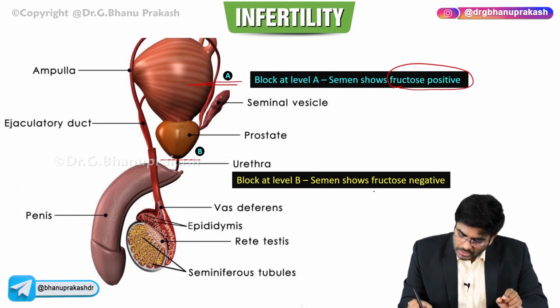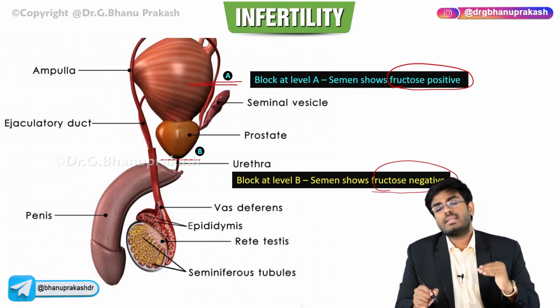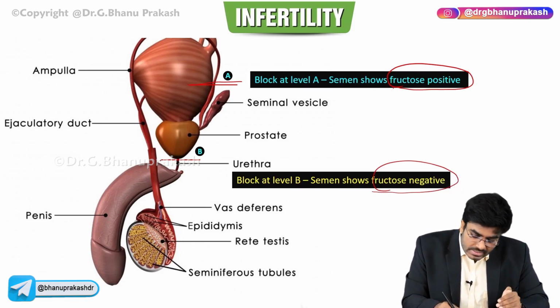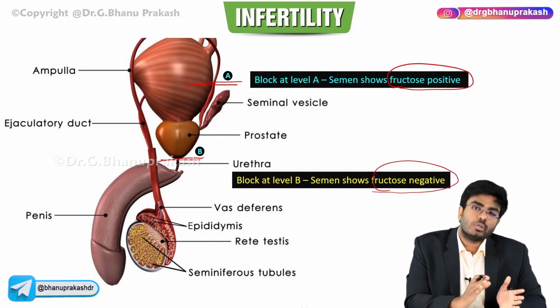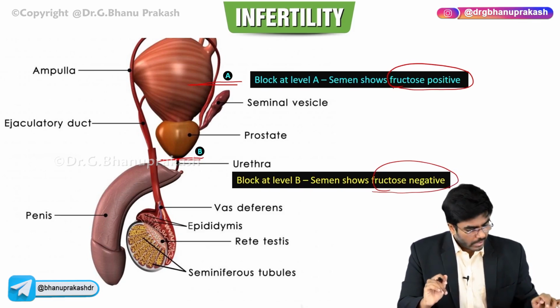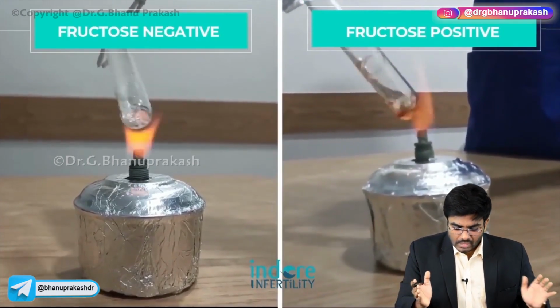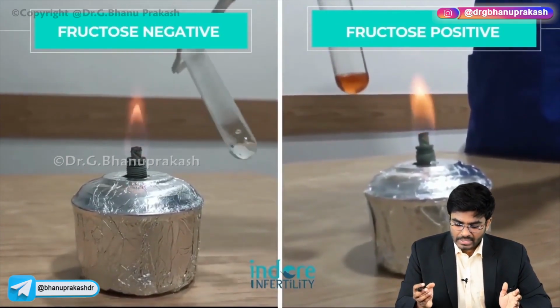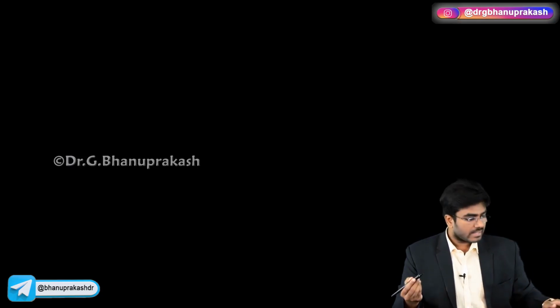But if the semen is showing fructose negativity, it means the block is present below the seminal vesicle, so the seminal vesicle contents are not entering into the semen. So the semen will be fructose negative. In this video, you can clearly see that on one side the semen has been taken and the reagents added. On one side it is coming fructose negative, and on the other side fructose positive.